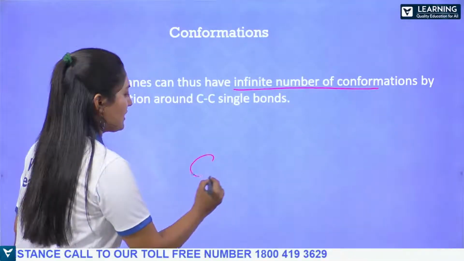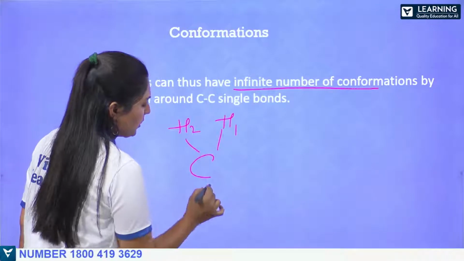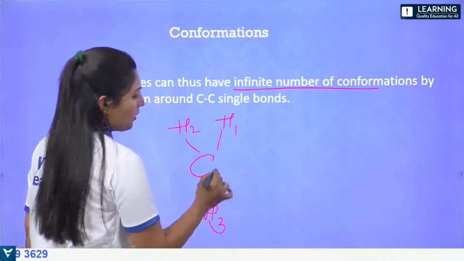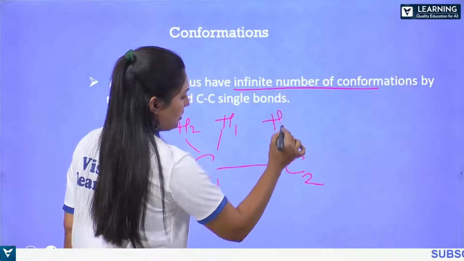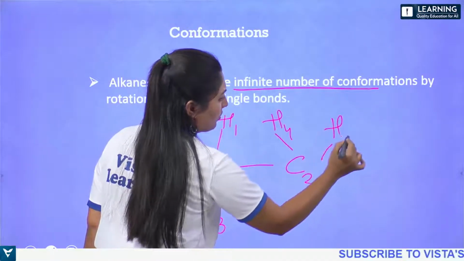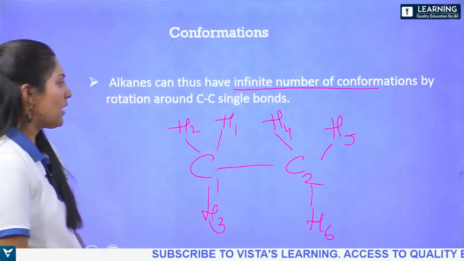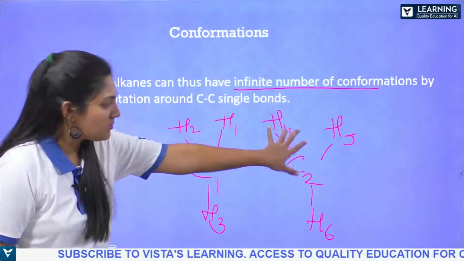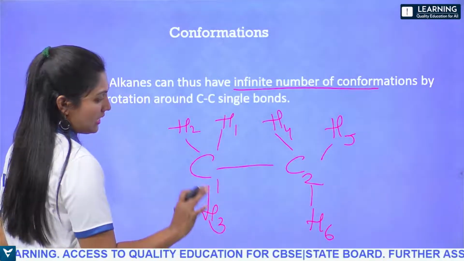For example, as I take here, I have hydrogen 1, hydrogen 2, hydrogen 3, carbon 1, carbon 2, and I have hydrogen 4, hydrogen 5 and hydrogen 6. So here this will be stable, and I am just rotating carbon 2. What happens at this time?